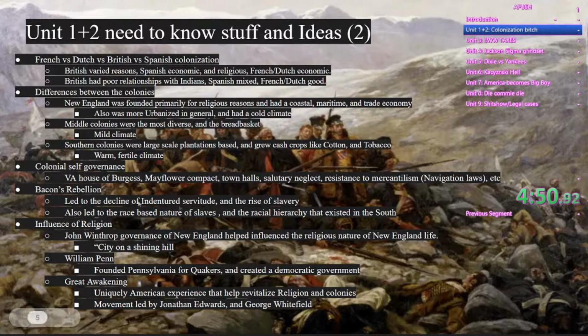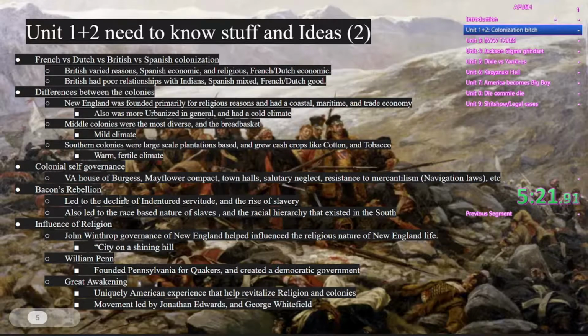You also should know colonial resistance to British attempts to enforce their will in the colonies, such as resistance to mercantilism, so that would be the navigation laws. And you should also know about salutary neglect, which is basically the British sort of relaxing control on the colonies ever since William took power in the Glorious Revolution.